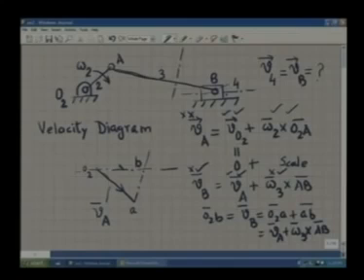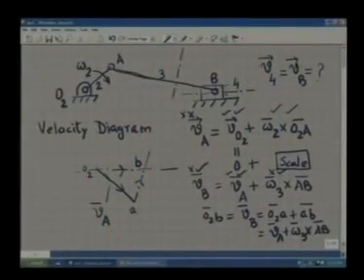So I put a vector sign here and a vector sign there. So o2b represents velocity of B to the same scale which we have used earlier. So you see, we have determined the velocity of the point B, that is the velocity of the slider, given the input angular velocity omega 2.